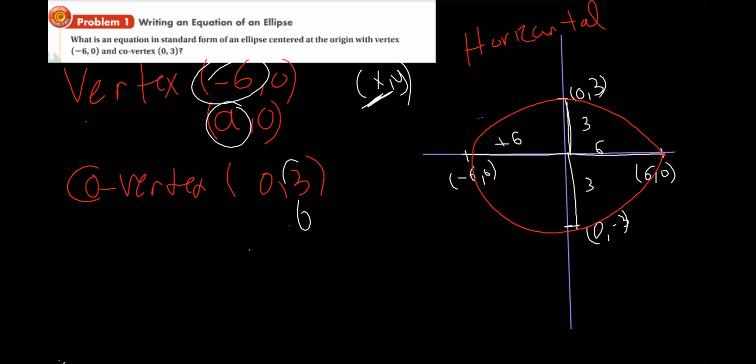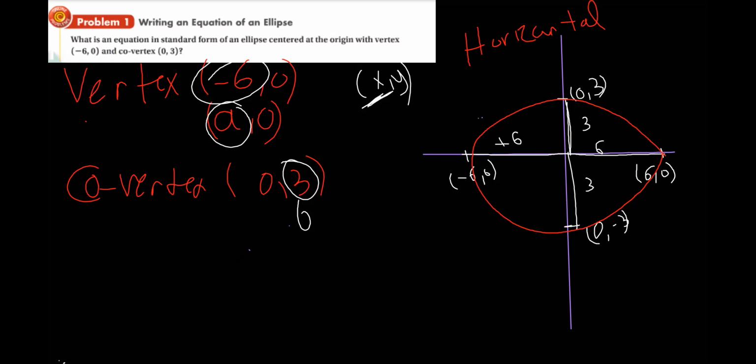And B is on Y, so the co-vertex will be on the y-axis, so the graph here is horizontal. You can know it by graphing or from the given information. Is it clear? Yes.